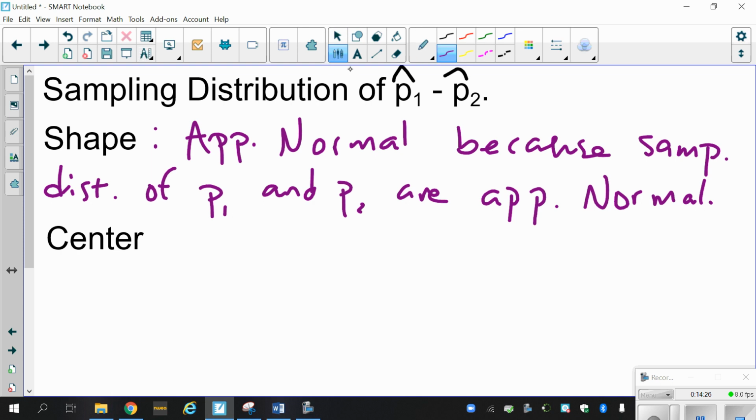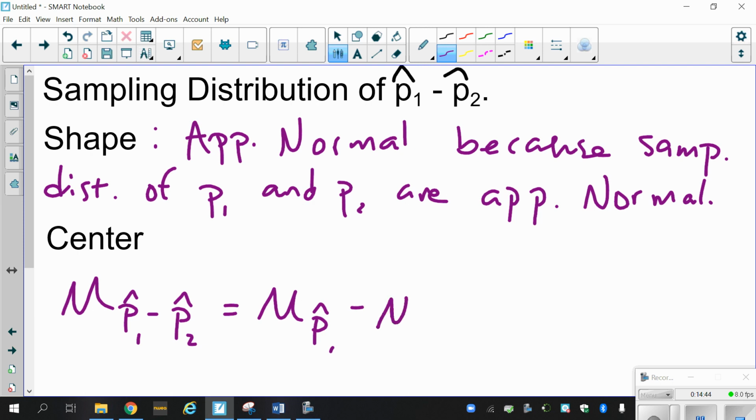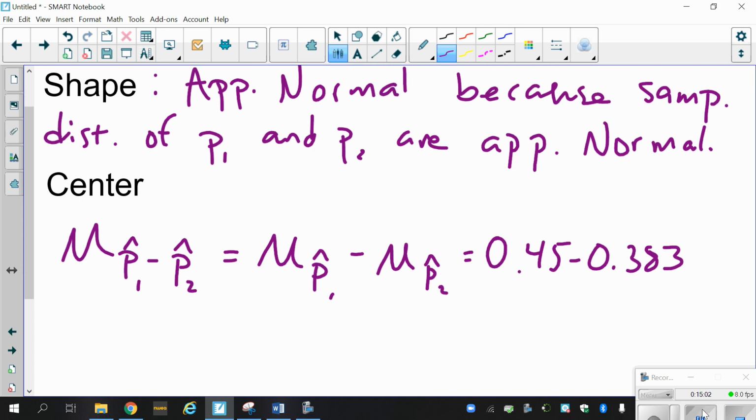So the center of p-hat1 minus p-hat2, or the mean of this sampling distribution, is the difference of the means, which in the case of the vaccinations would be 0.45 minus 0.383, which is, let's find out, 0.067.